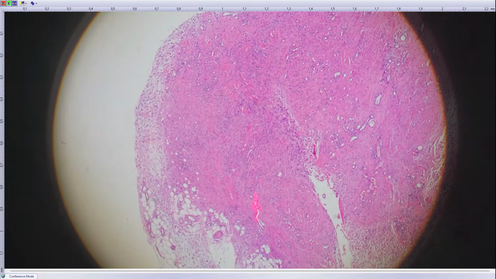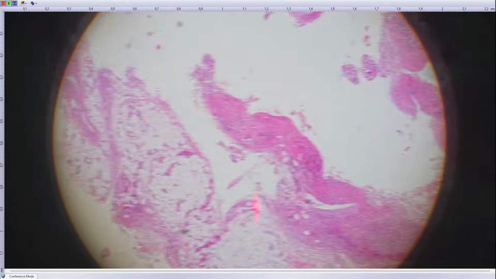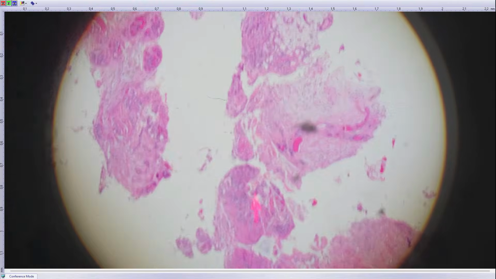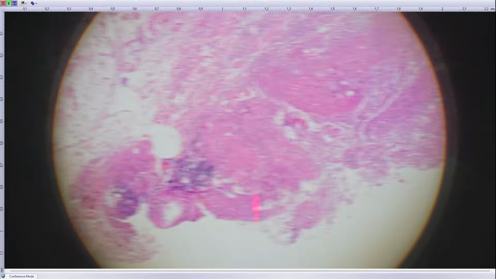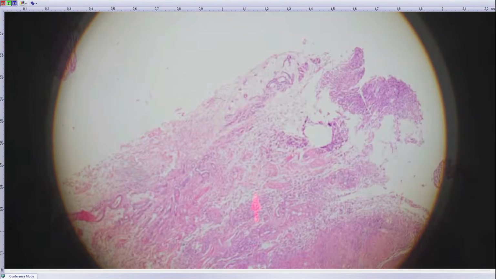Here you can see reactive vascular proliferation. And so I think this is another case of small atypical decubital fibroplasia, or small ischemic fasciitis. Just this small sample, I don't have anything else.